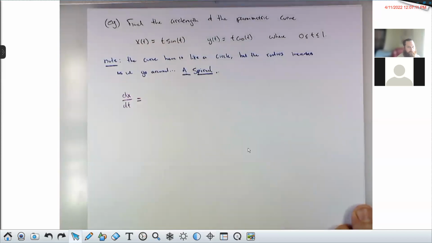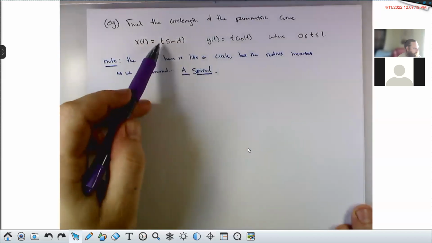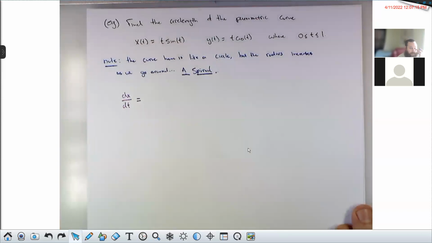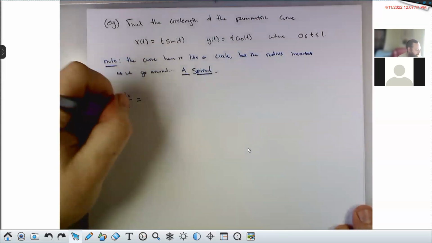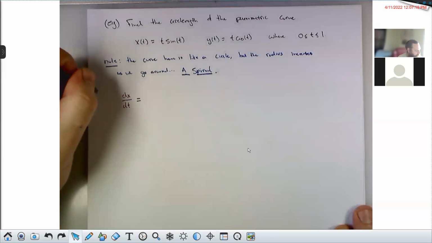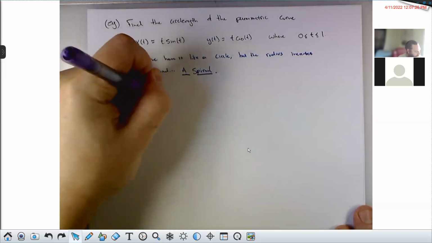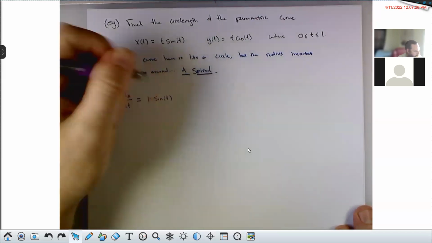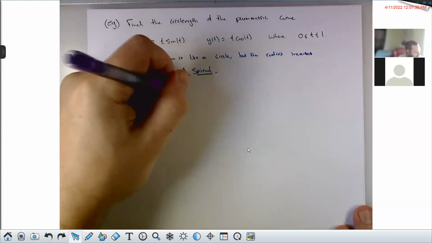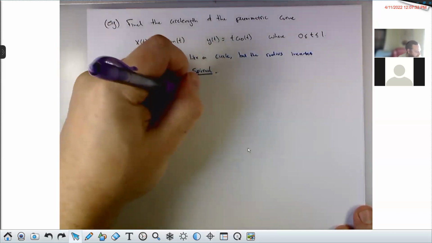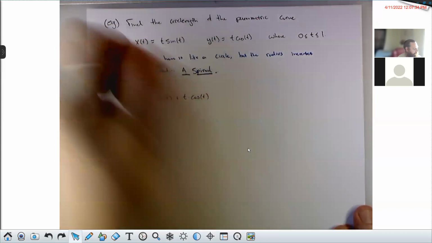dx/dt is now the derivative of t sine t. That requires the product rule. So that's going to be 1 times sine t plus t times the derivative of sine t, which is cos t.